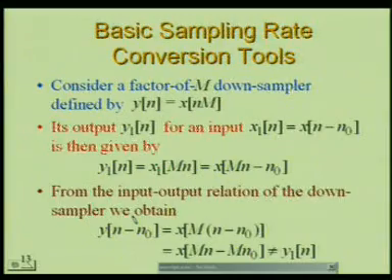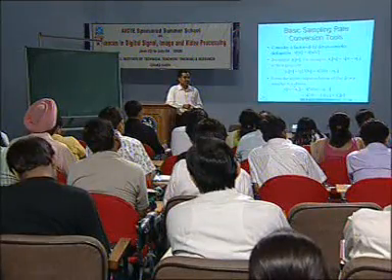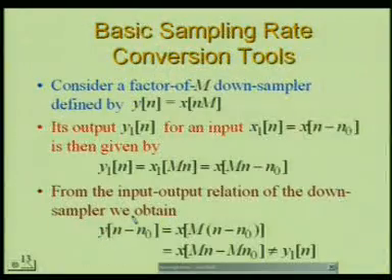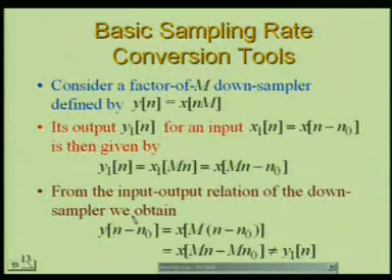Let us consider a downsampler for downsampling with a factor of M. So, simply y[n] is x[nM]. Its output y1[n] for an input x1[n]. So, instead of x[n], when x[n] is the input, the output is this. Instead of x[n], let me give another input, say x1[n], that is equal to x[n - n0].